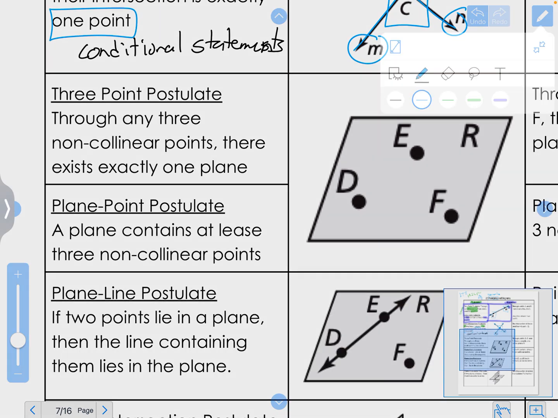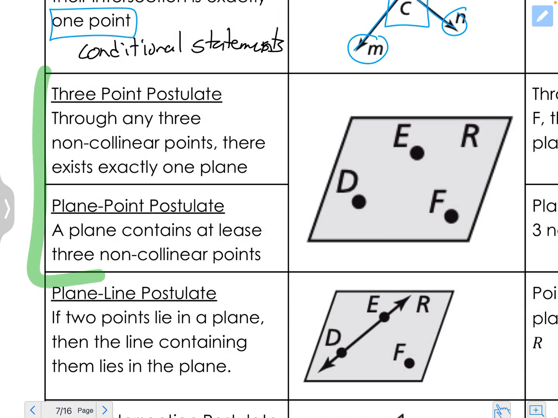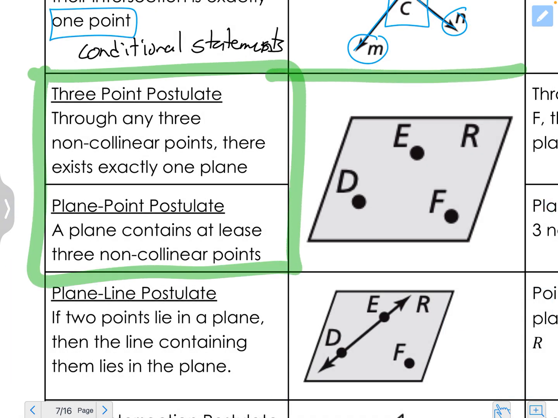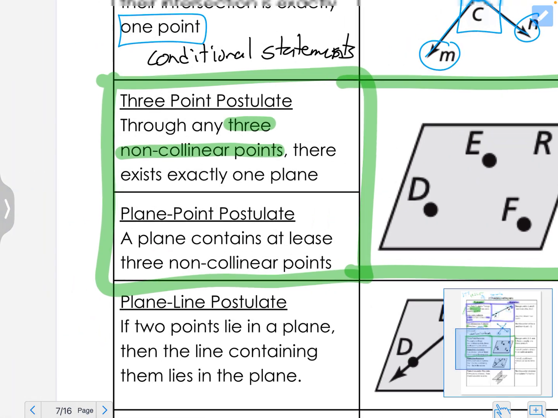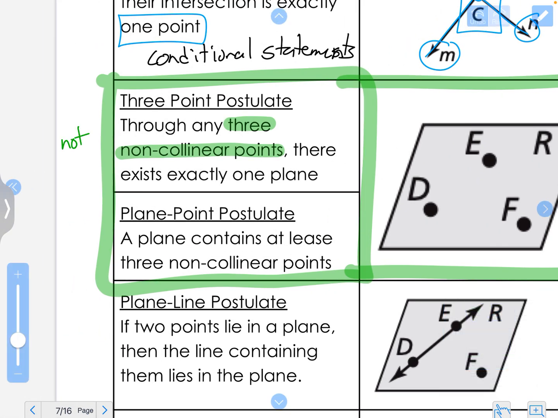All right, so these 2 are also going to be converse of each other, and they go together with this picture here. So our 3-point postulate says that if we have 3 non-collinear points, non-collinear means not on the same line, then we have 1 plane.